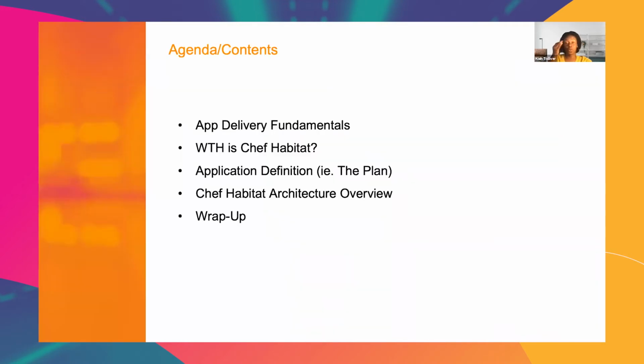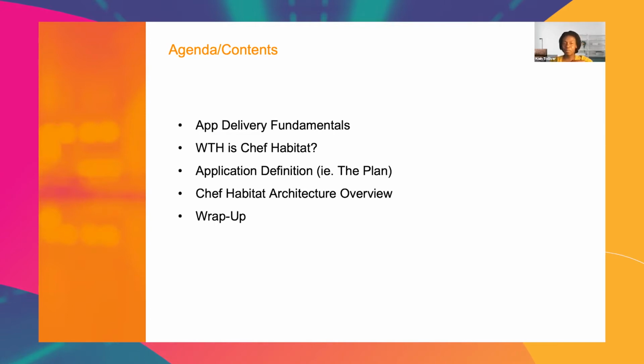Okay, so what are we going to be talking about today? Like I said, we're going to be going over planning the perfect app deployment with Habitat. But first, we're going to need to go into some app delivery fundamentals. Then we're going to figure out what the heck Chef Habitat really is.